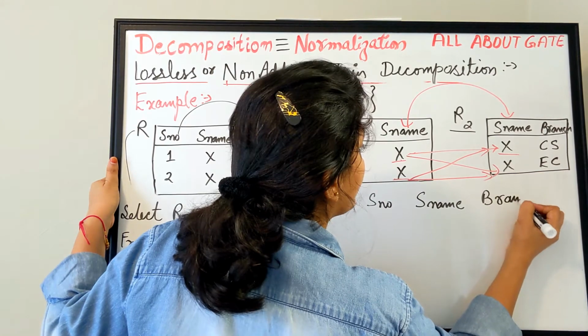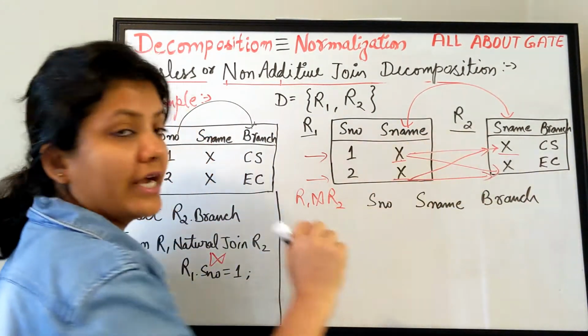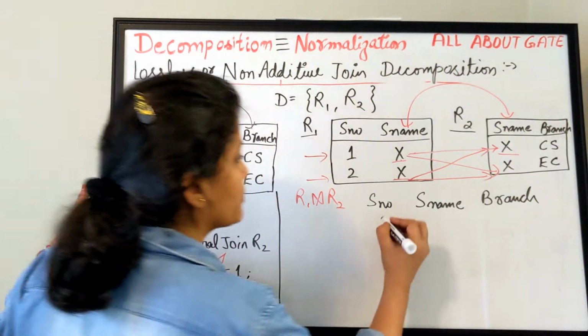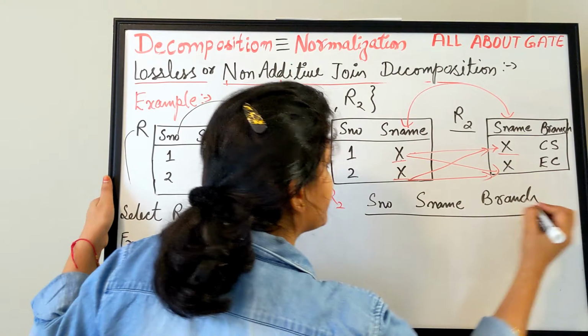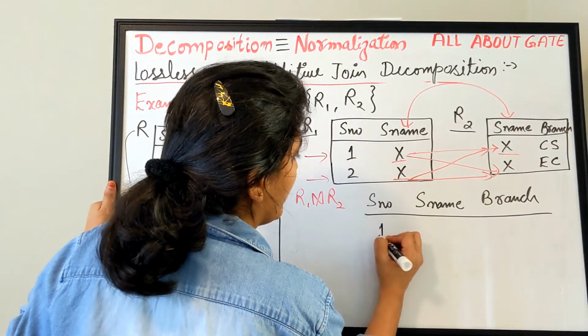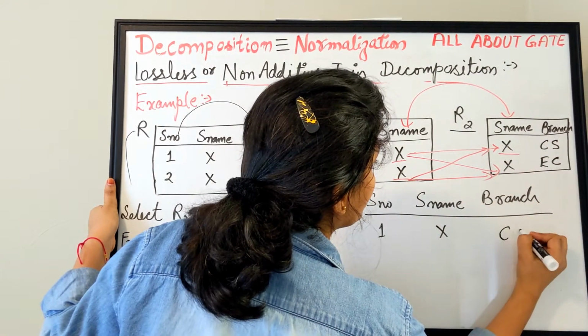Now one more thing, guys: when you perform the join operation, the attribute which is common between the 2 tables is written only once. We don't write it twice because it is going to have the same value. So the first tuple matching, 1 x, is getting matched with x cs, so this is going to be cs.